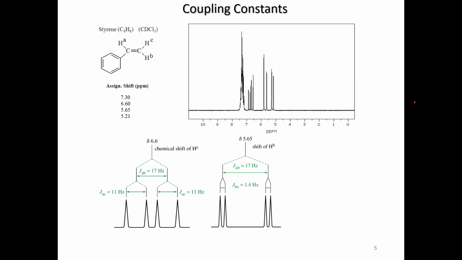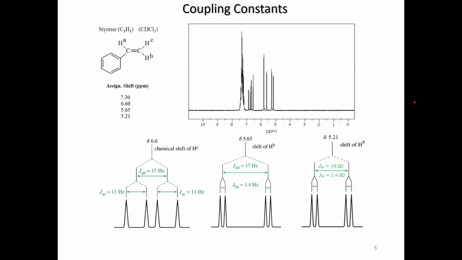If they don't, it means that everything else is symmetrical. If everything is symmetrical, then you end up with one signal. We will see a few of them. But in this case, these two are different because of this one. This very short coupling constant is the geminal one.